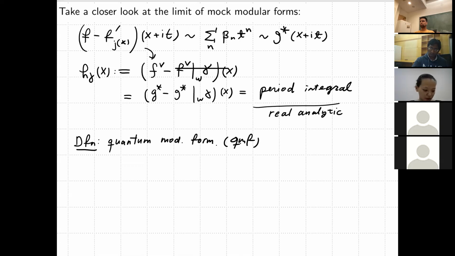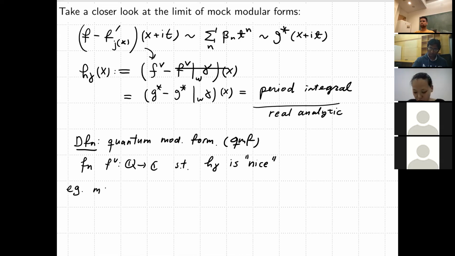It is a function f check on the rationals such that the co-cycle function, defined as above, is nice. Nice can mean many things. For instance, real analytic is definitely nice. So that's why we say that a Mock modular form is an example of a quantum modular form.